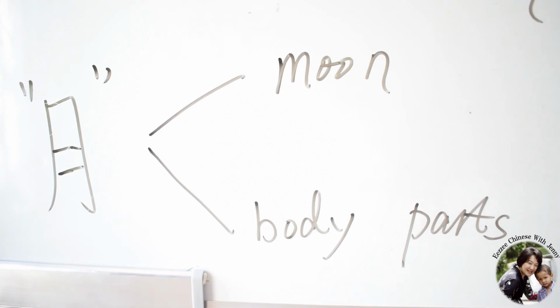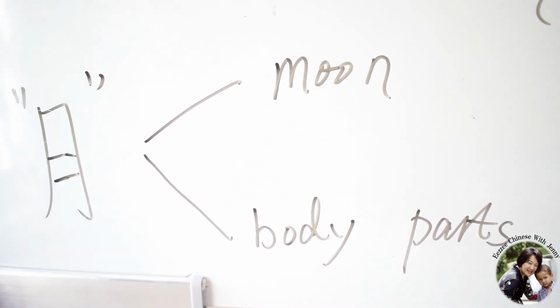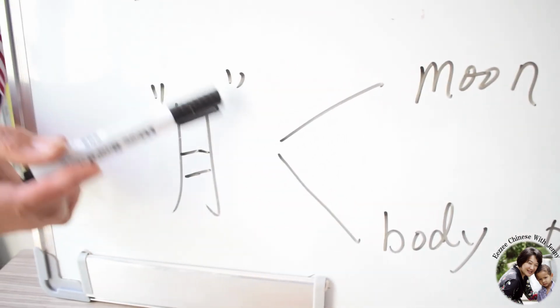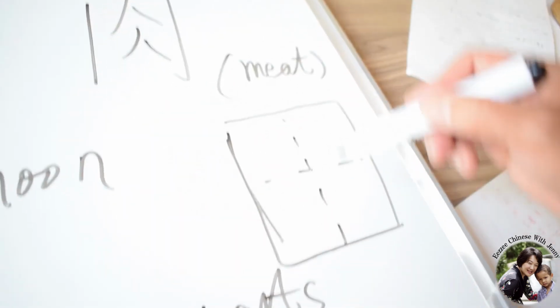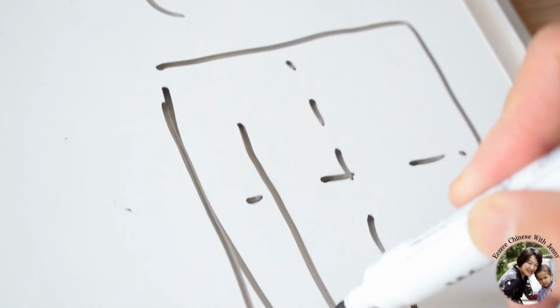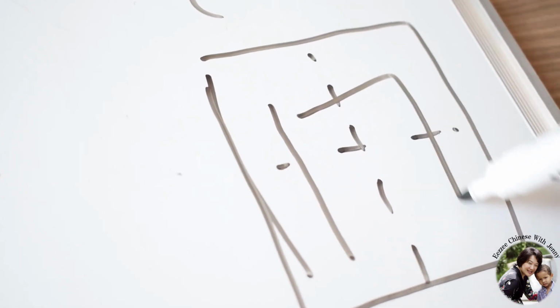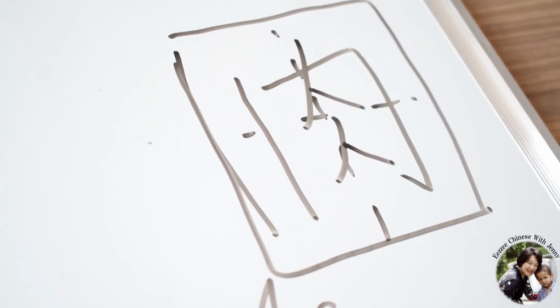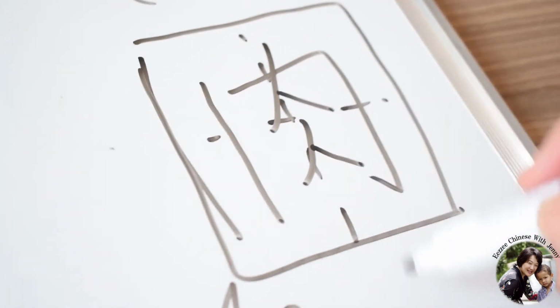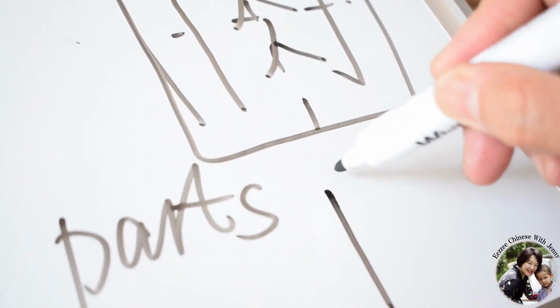For example, your face, your arms, and legs all have this part. Remember, but this means meat. We write it like this. First, from left. Second, and the two small persons. Remember, 人, two small persons stacked together means 肉. I write it again.